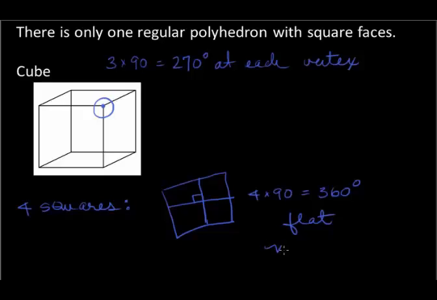We would have no 3D at that corner. So we can't use 4 squares, and of course we can't use 5. That's more than 360 degrees. So we only have one. We can join 3 squares at a vertex, and that is what gives us our regular polyhedron, the cube.